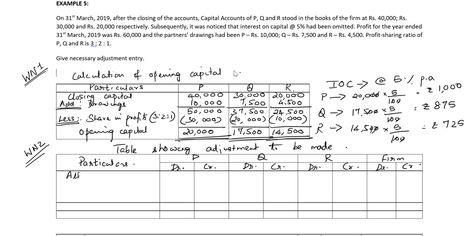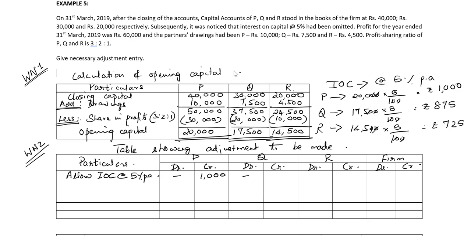We will allow IOC to these partners, allowing IOC at 5% per annum. For allowing IOC, we need to credit the partner and debit the firm. We'll credit P with its IOC, which is 1,000.